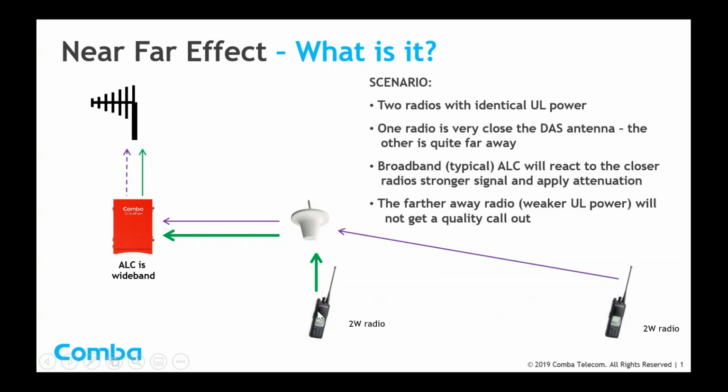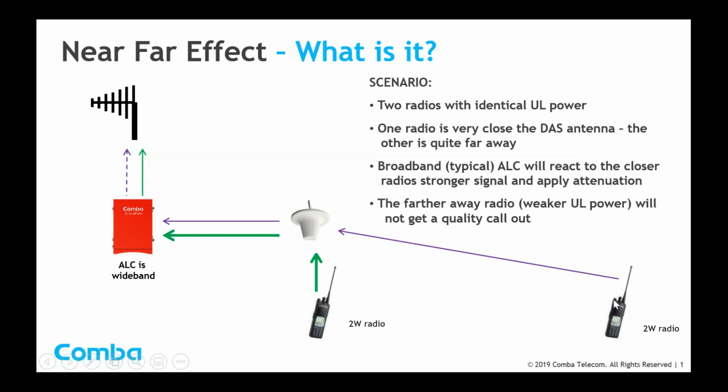So this guy's going to key up. His signal is going to go to the DAS antenna. It's going to go to the BDA. The BDA is going to say, holy moly, that's a really, really, really strong channel. We can't put that much strength out onto the network. So let's deploy automatic level control and let's reduce the signal. Well, okay, now what happens is this guy's signal gets reduced. It gets normalized, if you will. Now we've got a normal strength signal going out to the network.